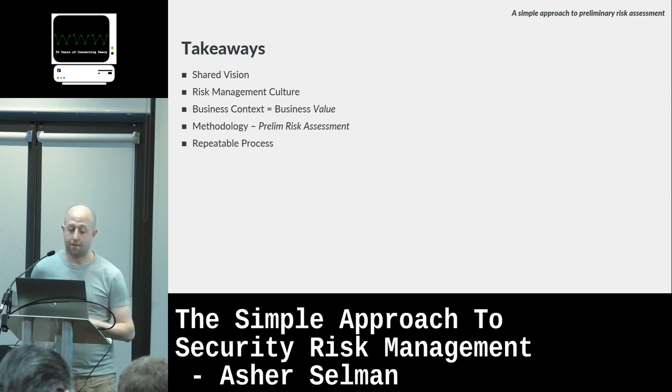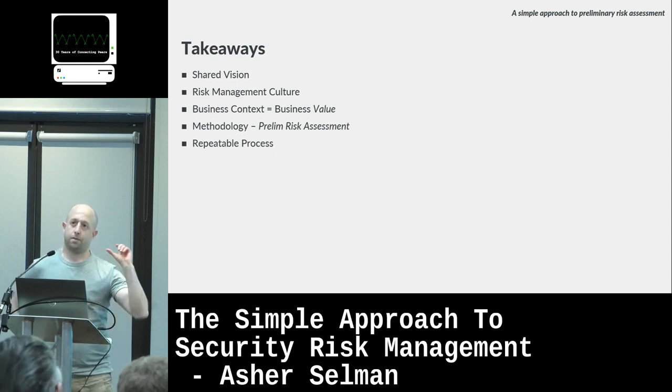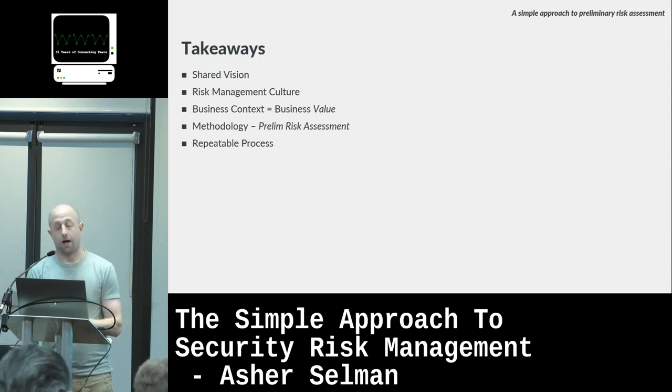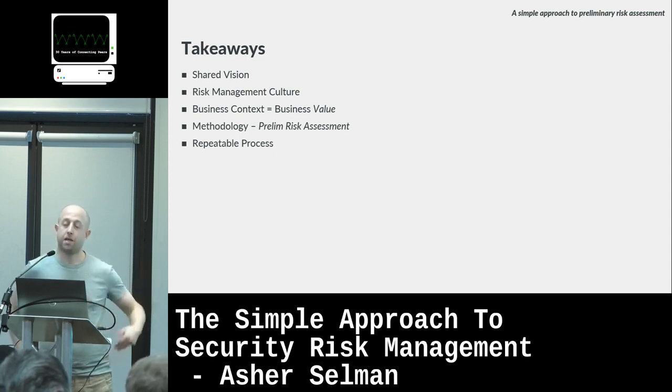Hopefully I've conveyed that between the technical and non-technical teams there should be a shared vision, and in doing so we'll instill a risk management culture. Business context equals business value. According to certain people, in 2024, if not already happening, people will be asking: what does this mean?